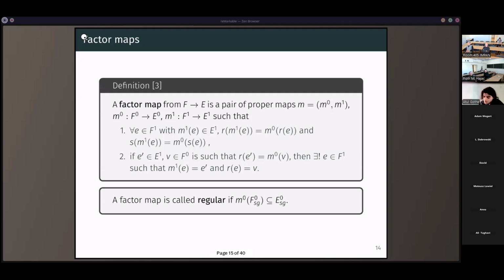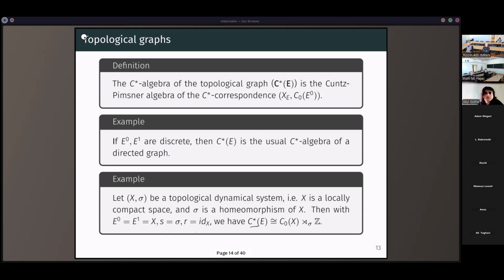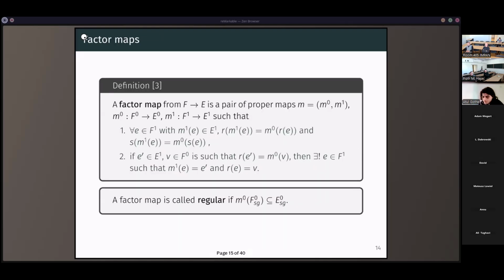So now that we have topological graphs, we want to look at how we connect two different topological graphs. So to define such a connection between two topological graphs, we define something called a factor map. So a factor map M is a pair of maps.